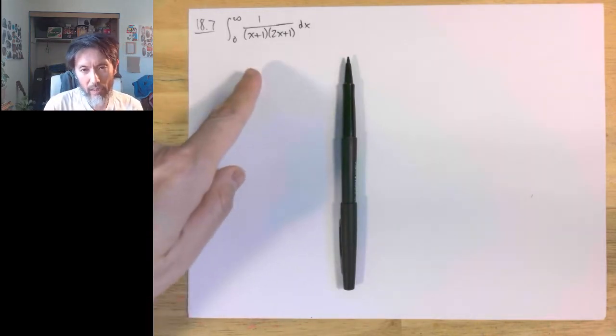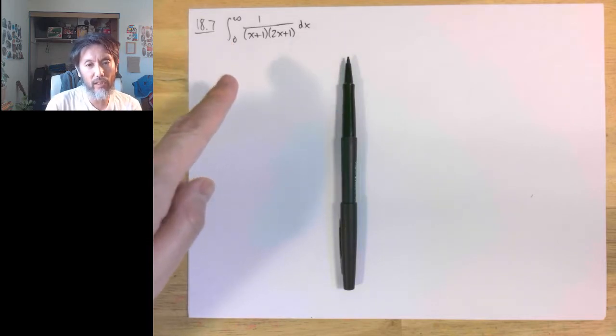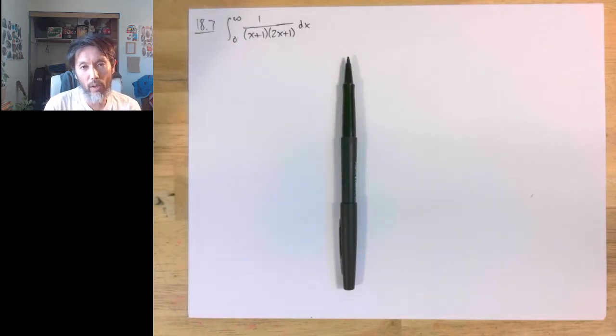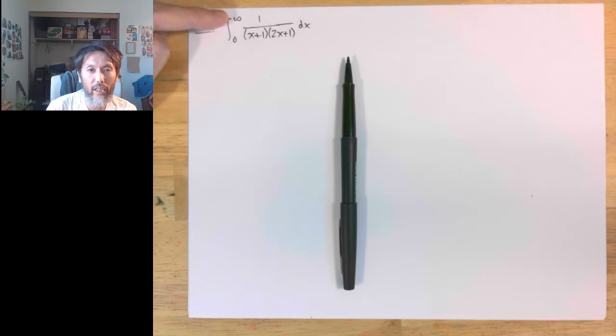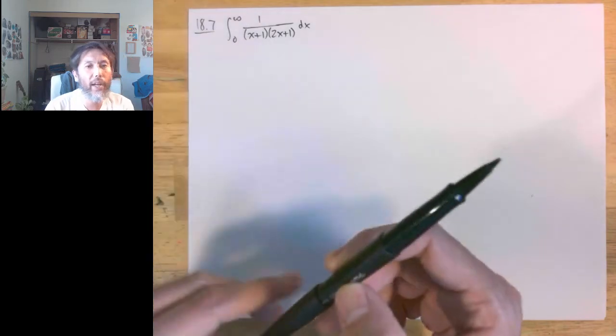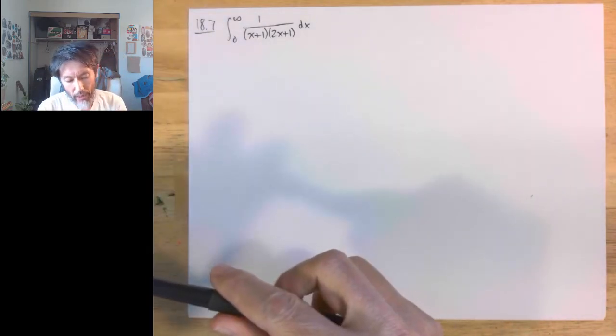So let's talk about this integral here. This integral is, as you can see, an improper integral. Why is it improper? It's improper because we have this infinity up here in the bounds of integration. You might note there is another way in which an integral can fail to be proper.